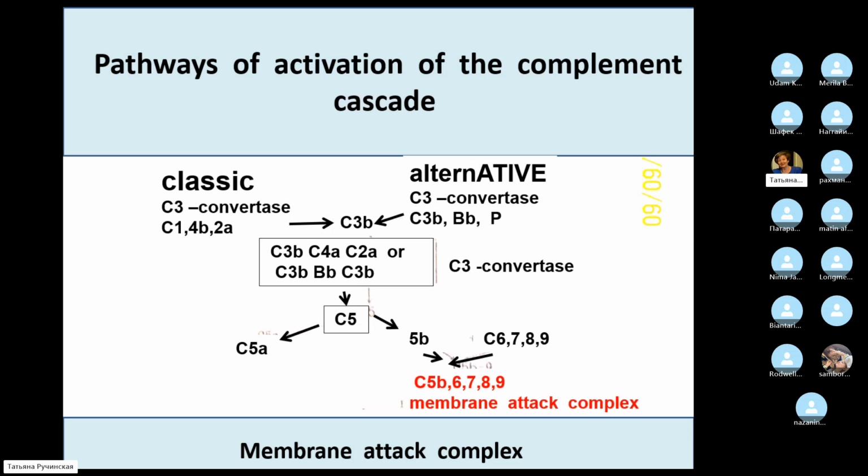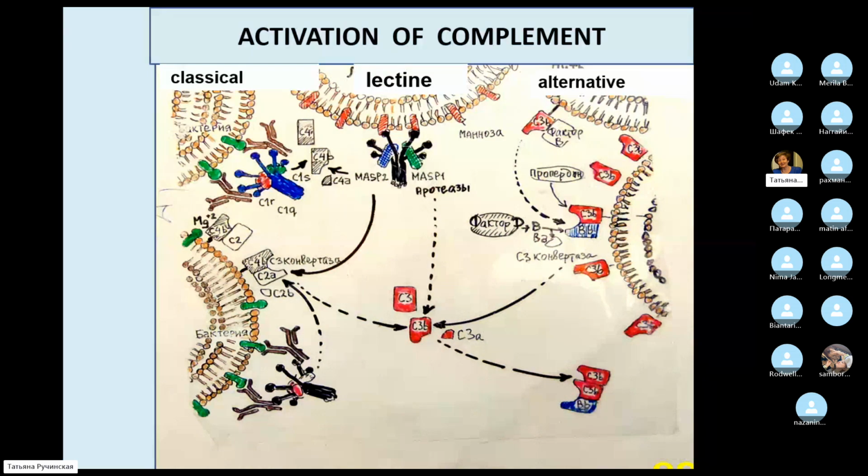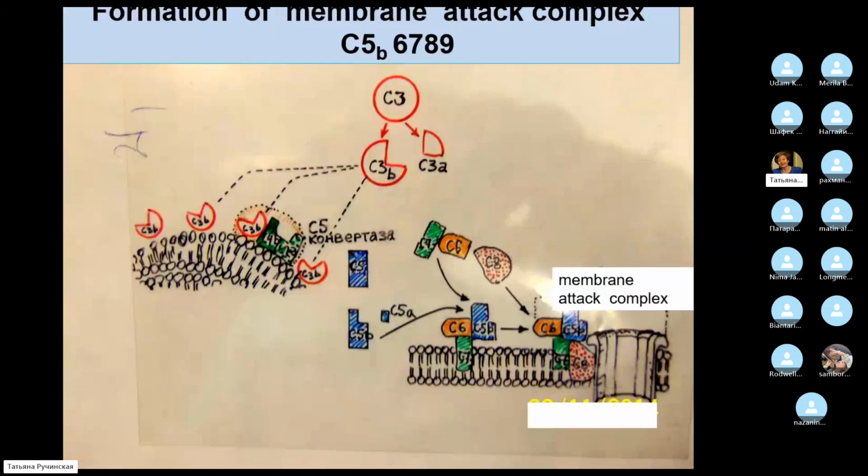No, this is about complement. We told about this. I showed you this picture previously. And you know that activation of the complement system leads to the membrane attack complex. The tube with the channel inside consists of proteins C5b, 6, 7, 8, 9.